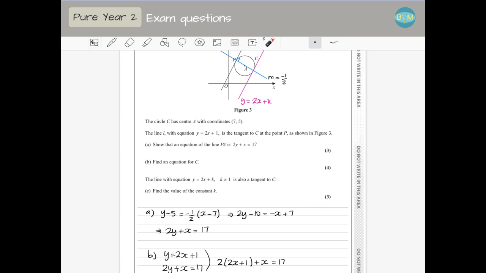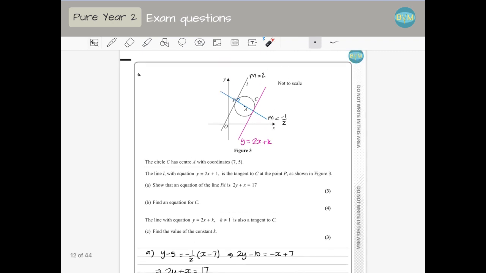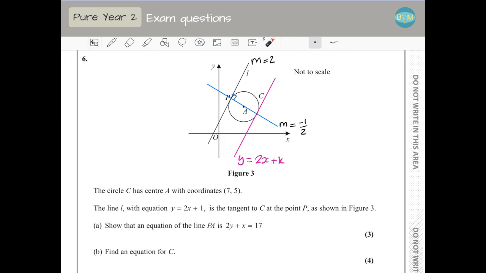There are a few ways of doing this. I would say the easiest is to find this point, because we know the gradient, so we just need to find this point and substitute in the equation to find k. This point, let's call it Q, for example.